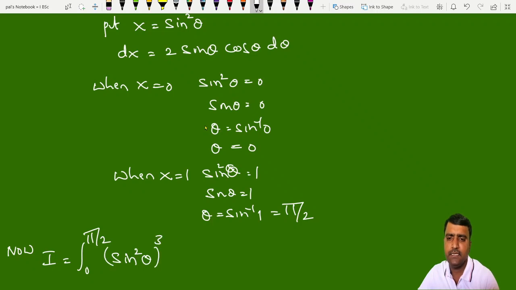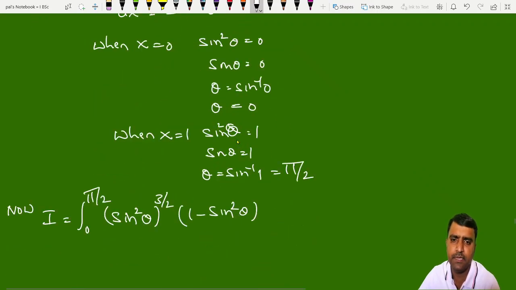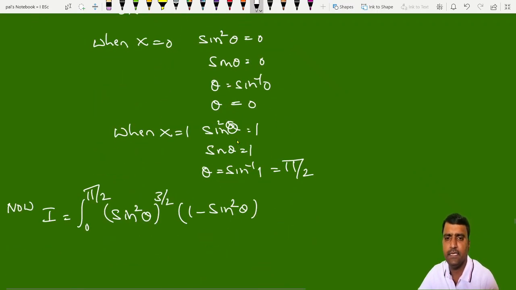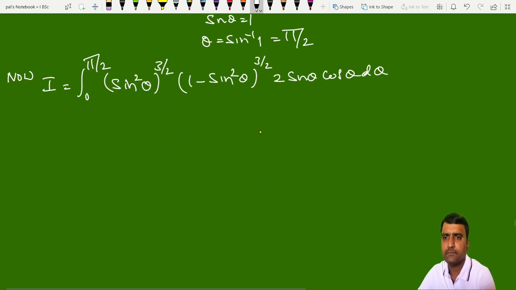So (sine square theta) to the power 3 by 2 into 1 minus x, that is 1 minus sine square theta, to the power 3 by 2, into dx. dx is 2 sin theta cos theta d theta.